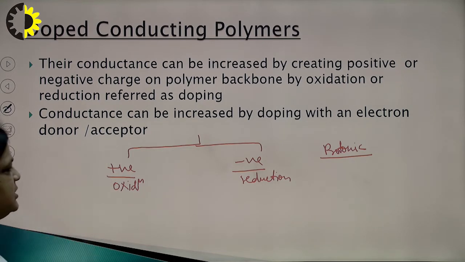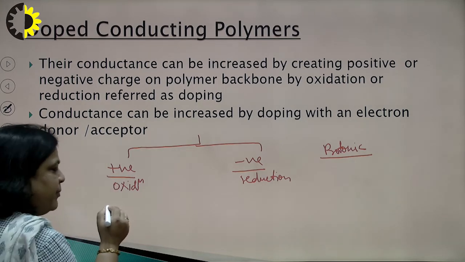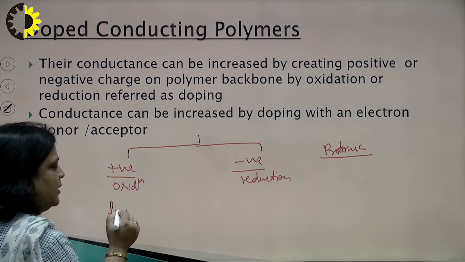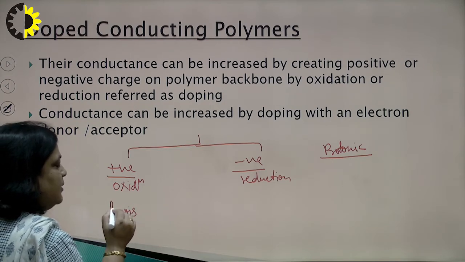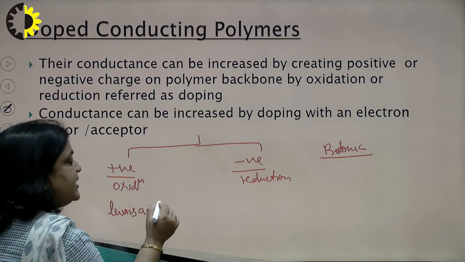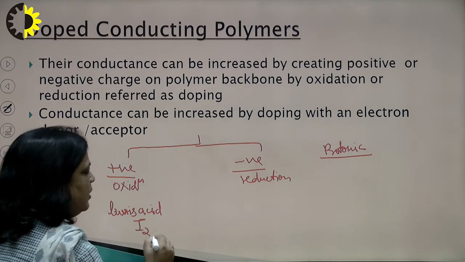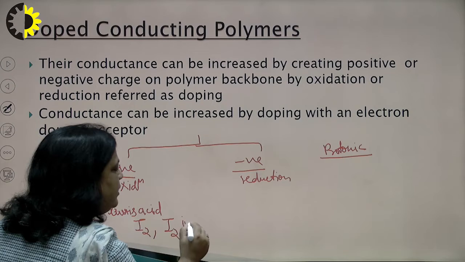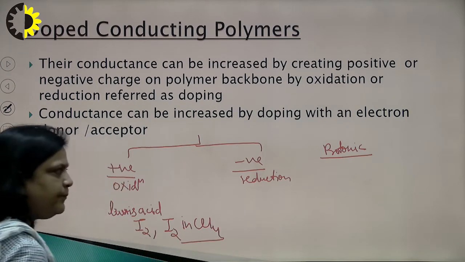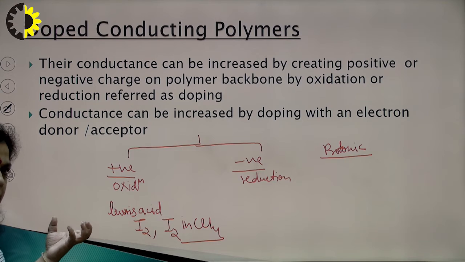So, if we create a positive charge, which is done by oxidation, we prefer to take either a Lewis acid, which has the tendency to accept a lone pair of electrons, and when the lone pair is accepted, the polymer chain automatically gets a positive charge, or iodine vapor, or iodine in CCl4, etc. So, here we prefer an oxidizing agent or Lewis acid.